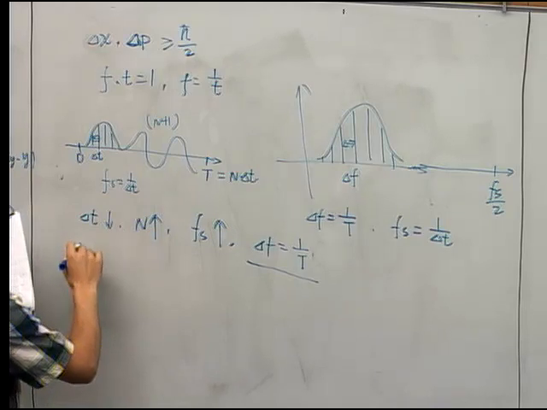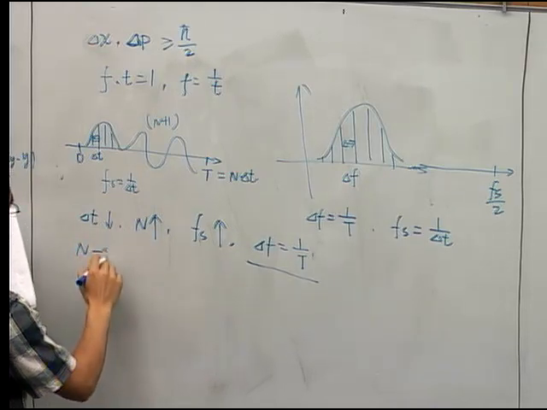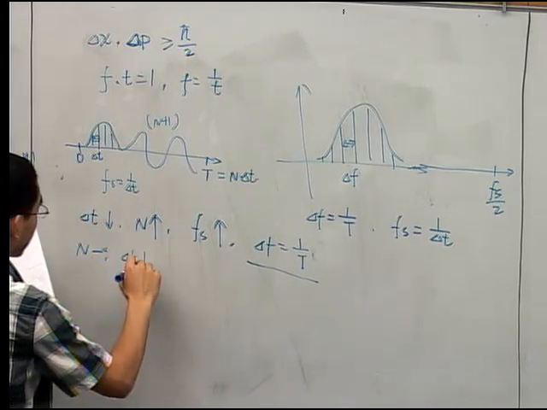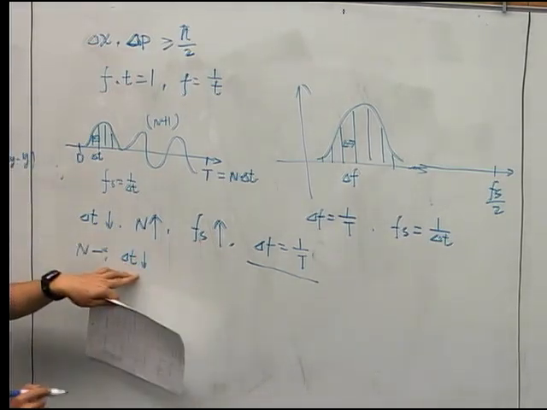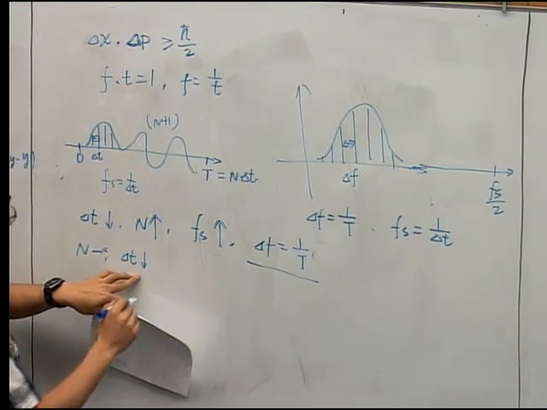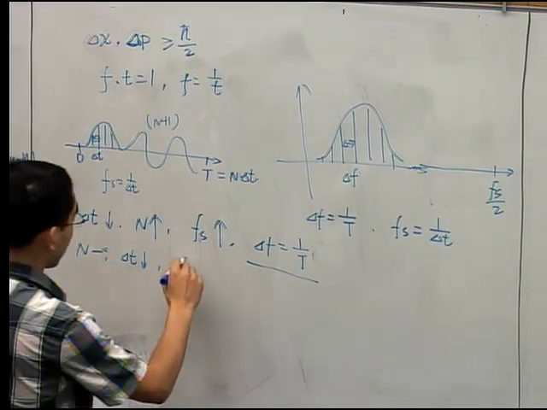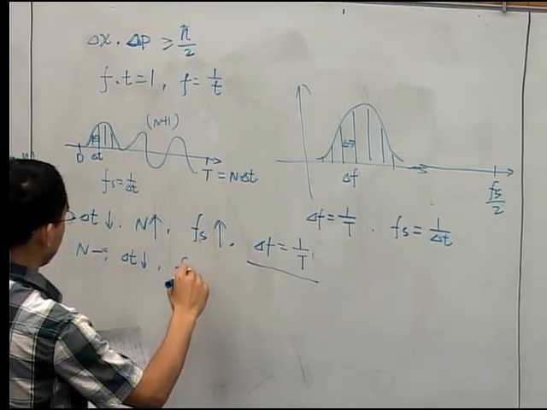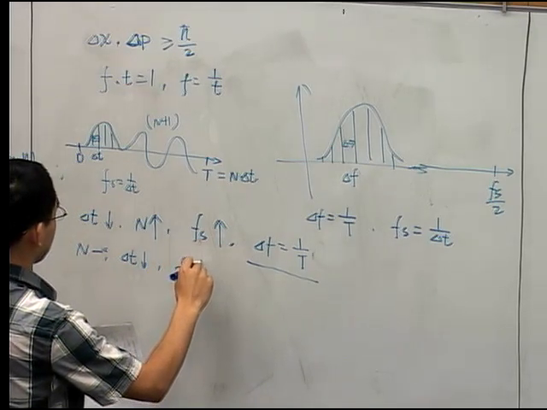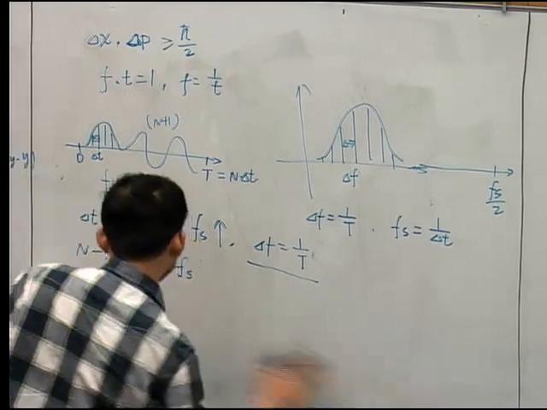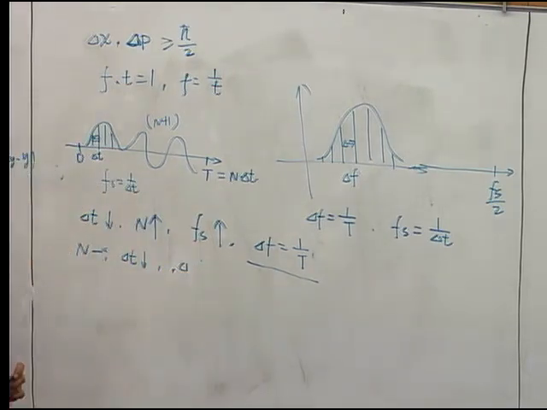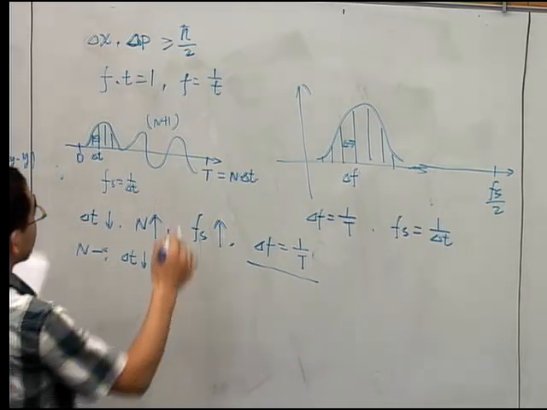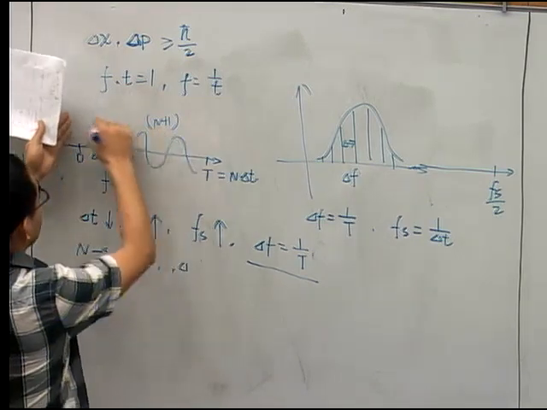But another way is that you keep n unchanged and increase the resolution in the time domain. So n is smaller, and so fs increases. How can you decrease delta t but keep n the same? You sample over a shorter time.